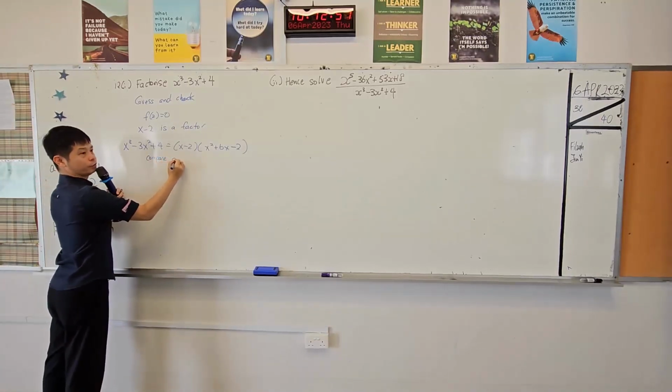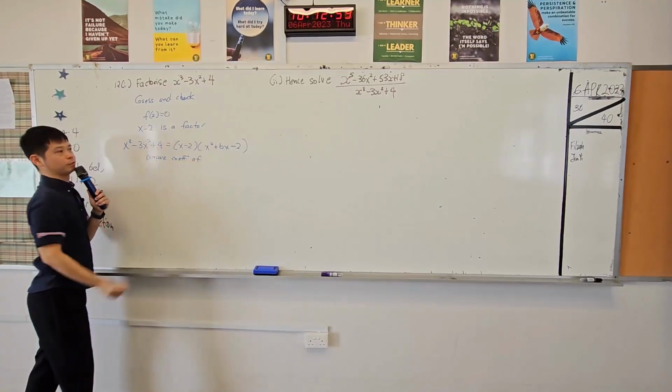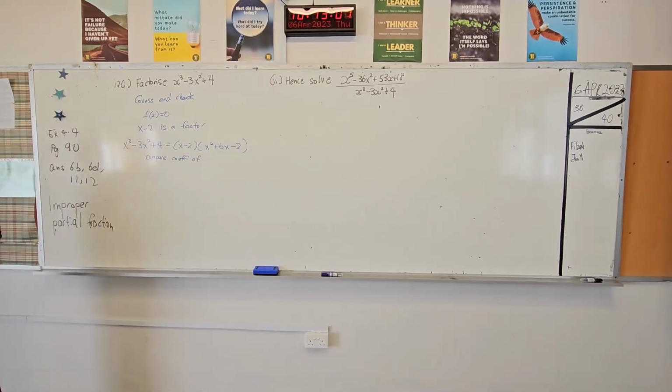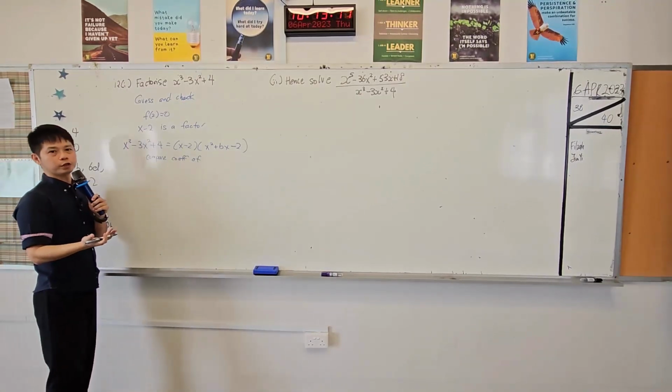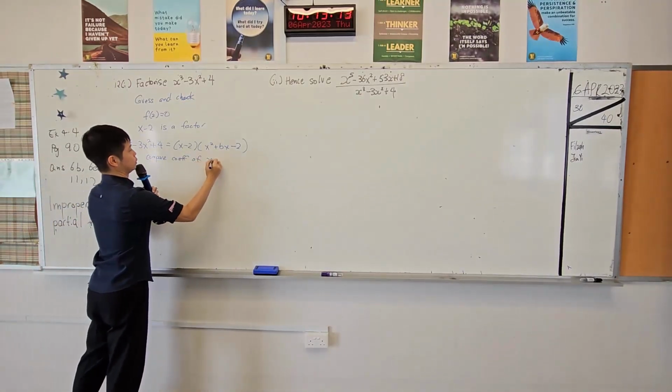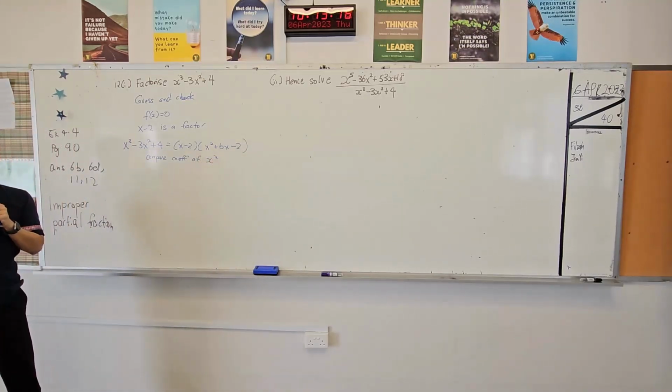Compare the coefficient of x or x squared, either one. Which one do you prefer? It doesn't matter. So let's try the coefficient of x squared. Do you want me to show you x also? No need, as long as we can find b.